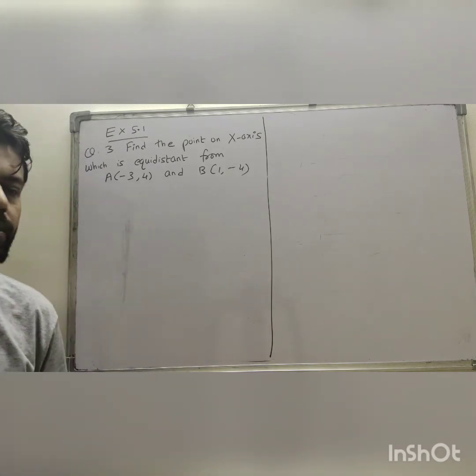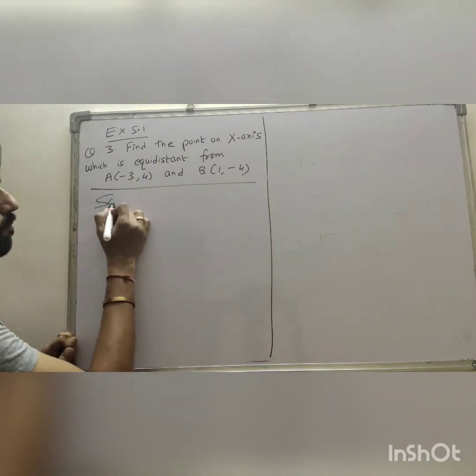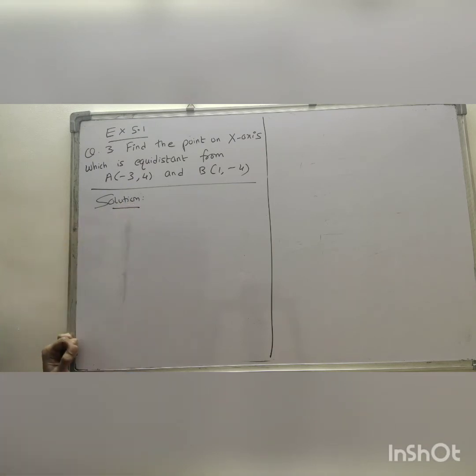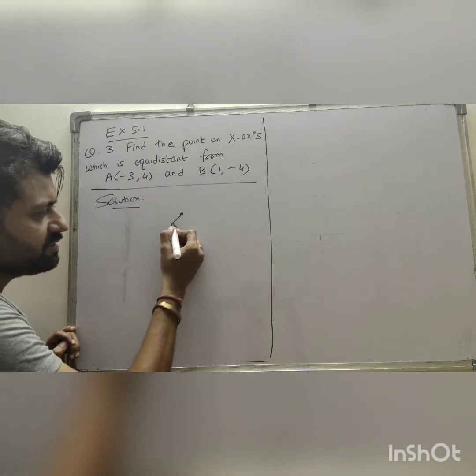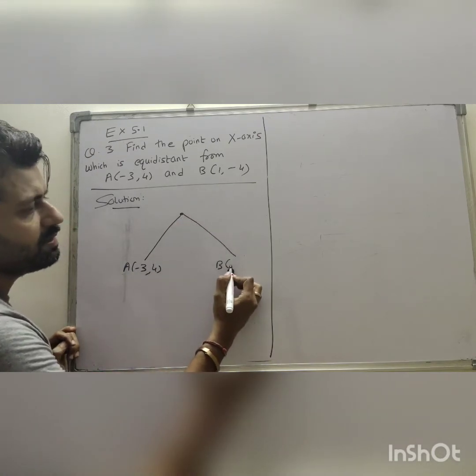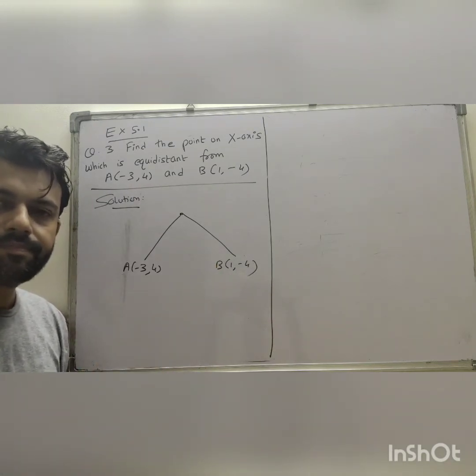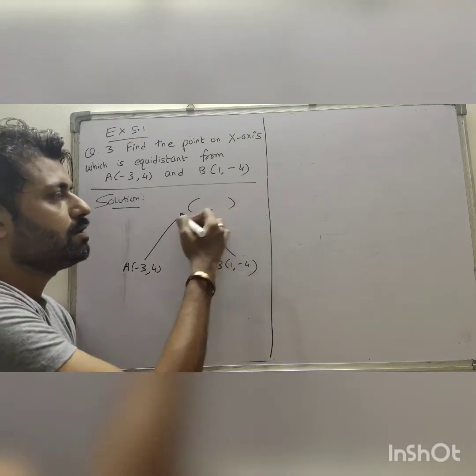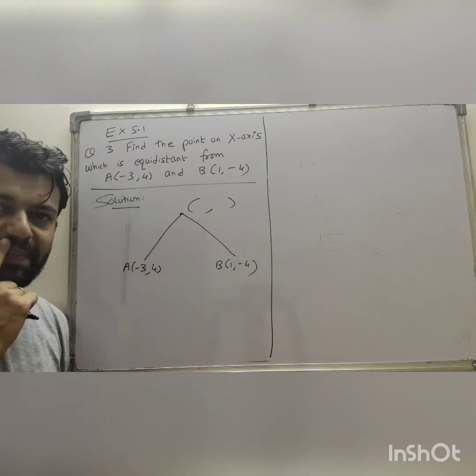Question number 3 is written on the board from exercise 5.1. Find the point on x-axis which is equidistant from A and B. We have to find this point which is on x-axis, which is equidistant from A minus 3, 4 and also equidistant, as I said, from B. Matlab, we have to find the coordinates of that point.